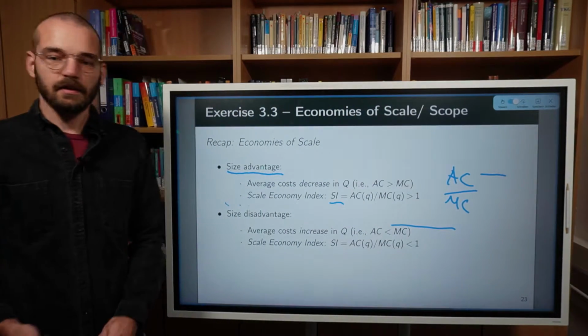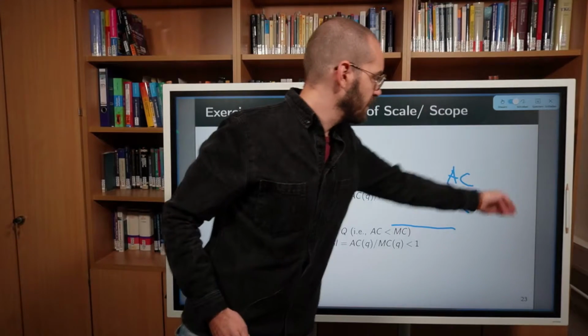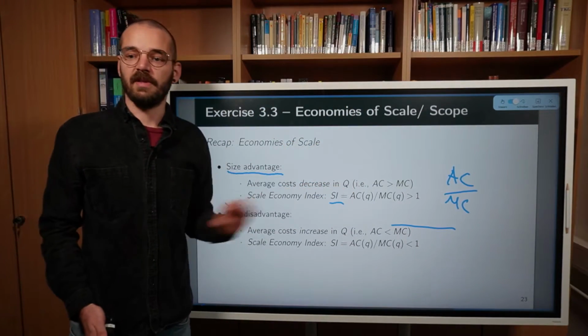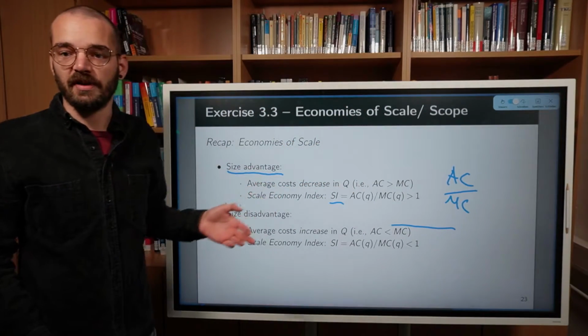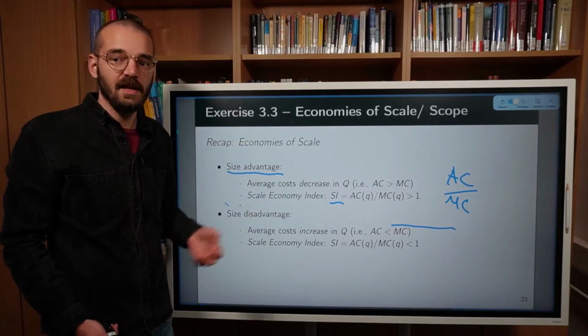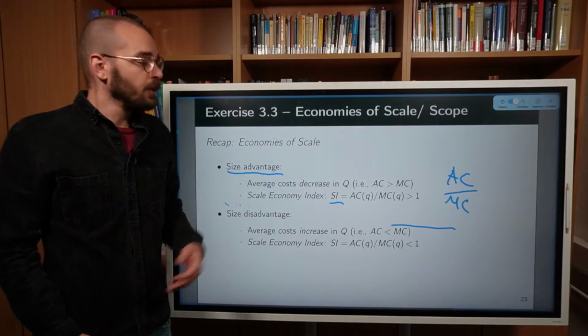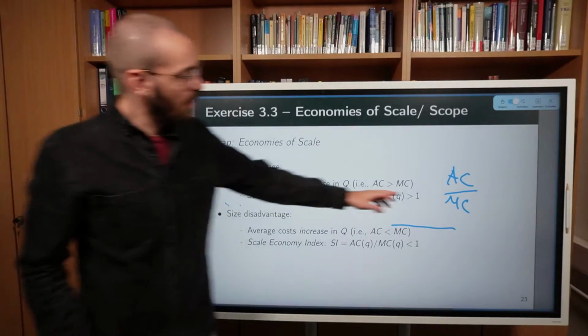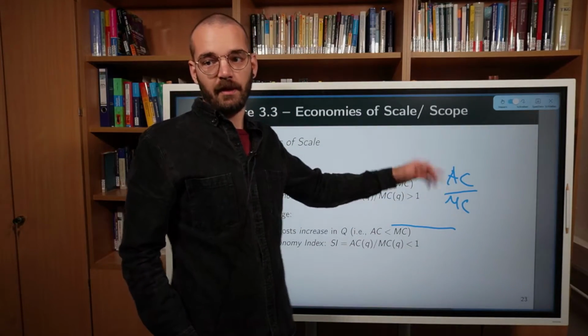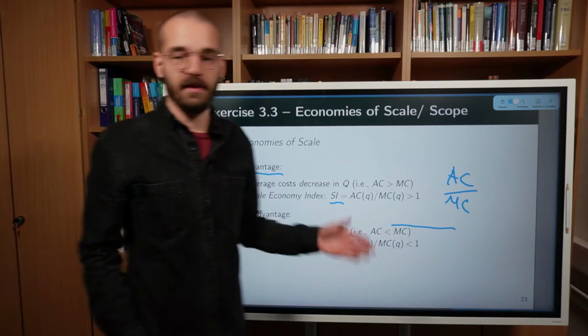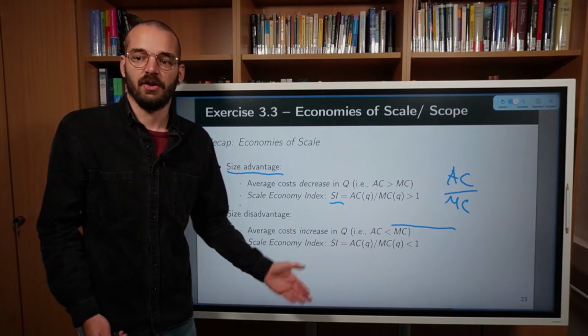Now we spent a few minutes talking about the relative size of these two values, average cost and marginal costs. And we figured that in a world where there are economies of scale, the marginal cost is smaller than the average costs. And then of course something bigger divided by something smaller equals a value that is larger than 1.